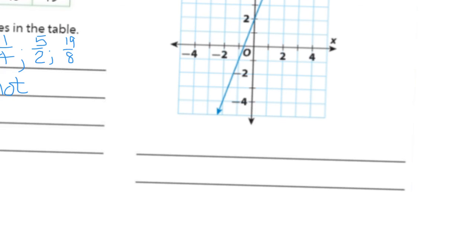Okay, next one, problem number 4. Why is this not proportional? Oh, the graphs are the easiest. If you follow the line, it doesn't go through the origin. Therefore, it's not proportional.